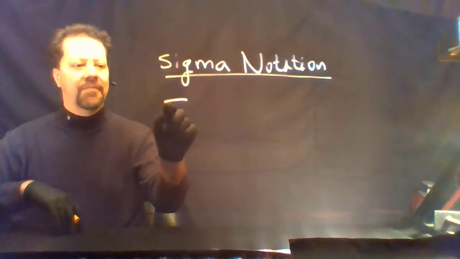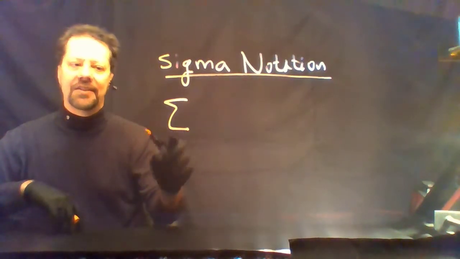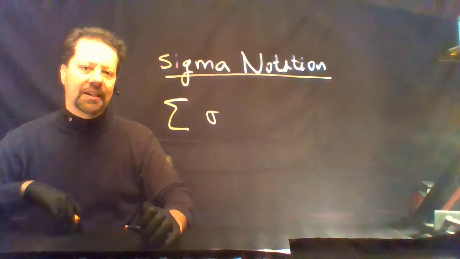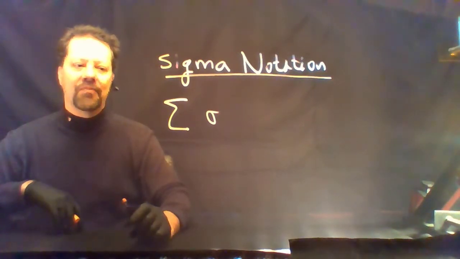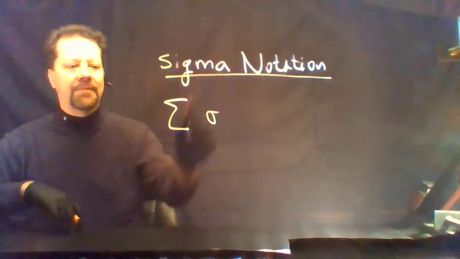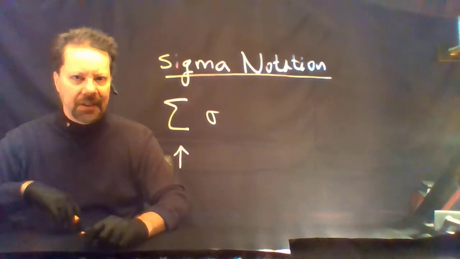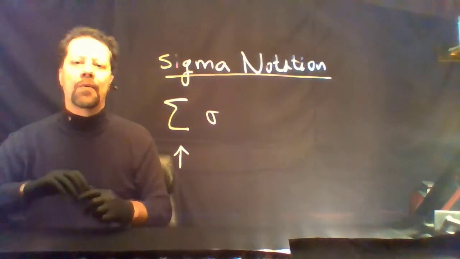By the way, the capital Greek letter sigma is written like this, whereas the lowercase Greek letter sigma is like this. When we're talking about sigma notation, we refer specifically to the capital sigma, which in this case will stand for sum.